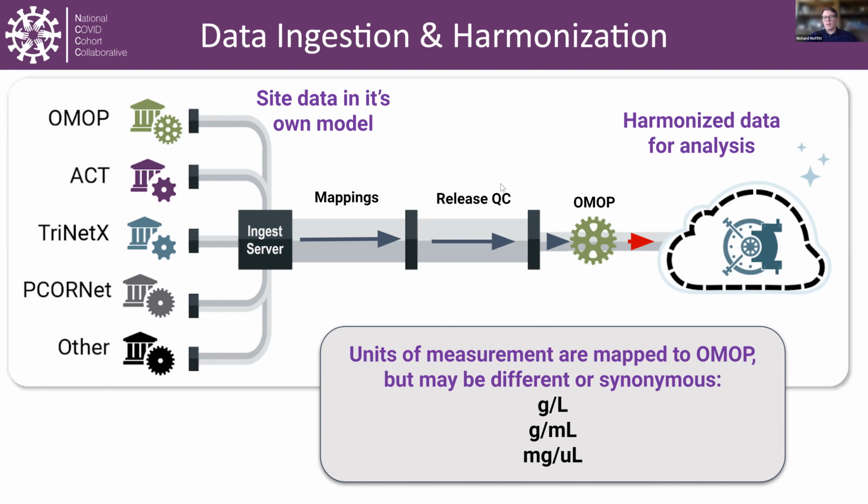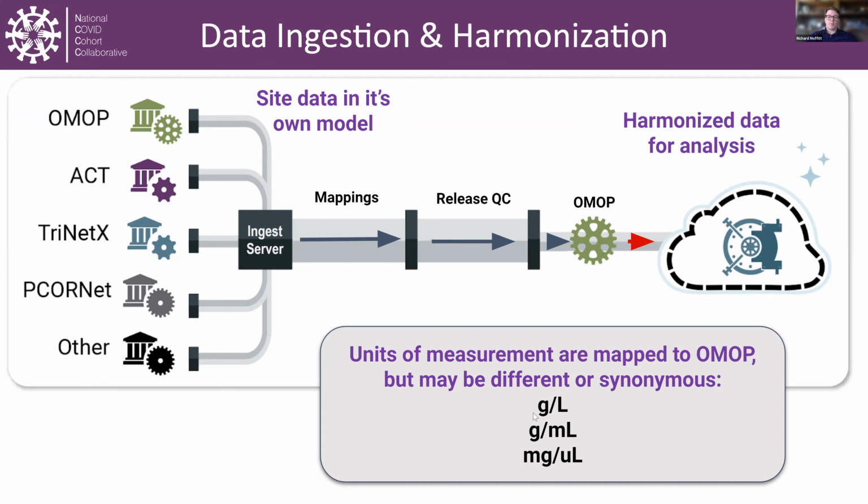So we have this harmonized data in terms of semantic meanings, whereas any particular piece of data, for example, the unit of measure, is harmonized so that we're all using sort of the same terms, but these units of measure may be different or synonymous.